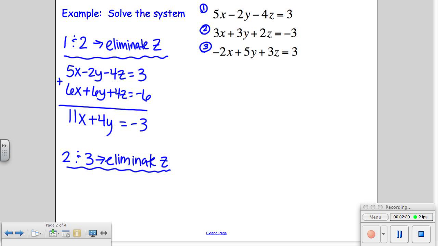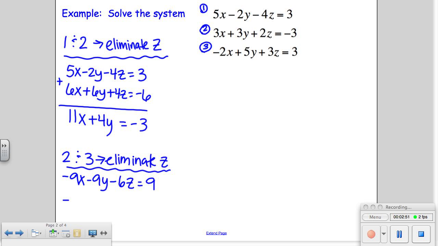Now, in order to do that, I'm going to have to multiply both equations by something. I'm going to multiply the top equation by a negative 3. So I'm going to have negative 9x minus 9y minus 6z equals 9. And I'm going to multiply the bottom by a 2.